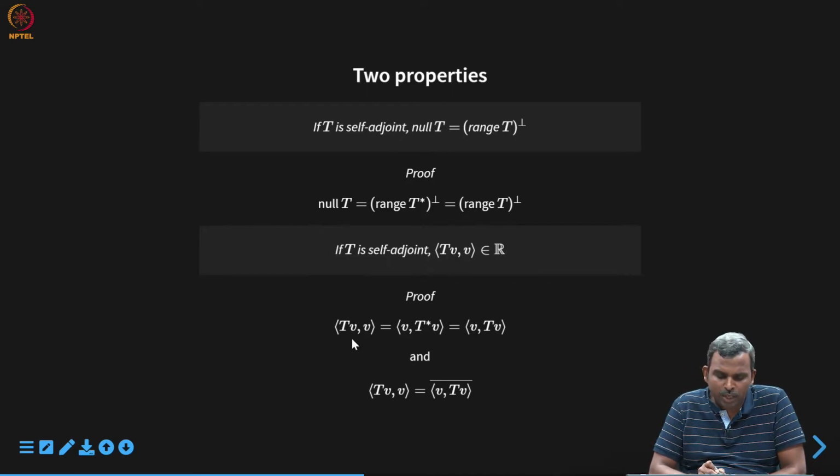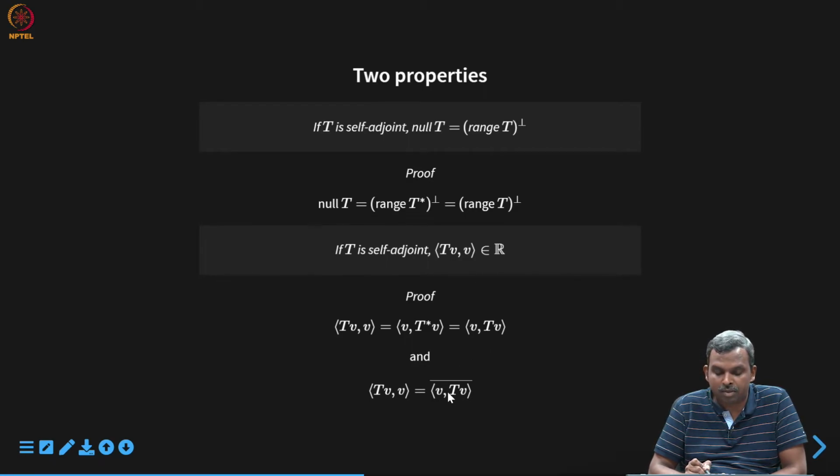The proof is quite easy and works out straightforwardly. TV comma V has to be V comma TV, whole conjugate. This is the definition of the inner product. And TV comma V is V comma T star V, and in the case where it's self-adjoint, it's V comma TV. So TV comma V is equal to V comma TV, and also to the conjugate of V comma TV.